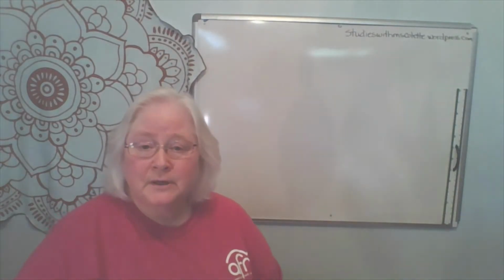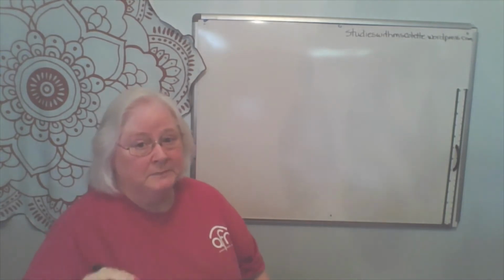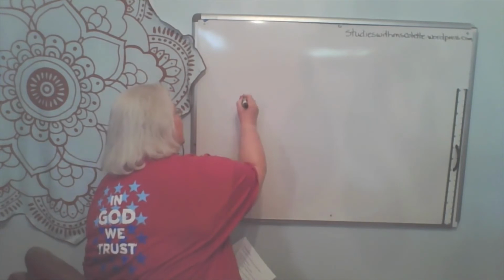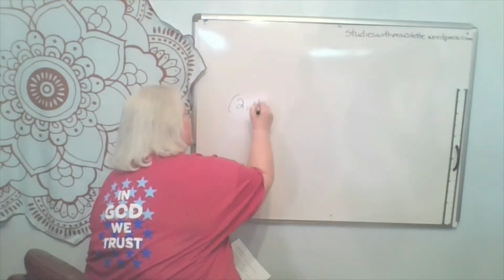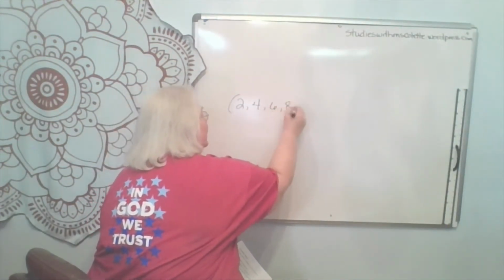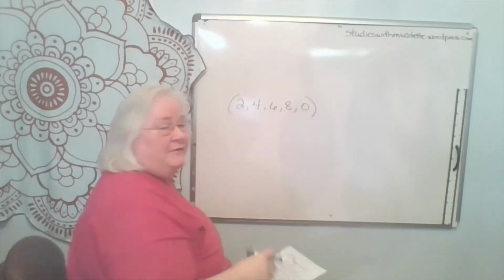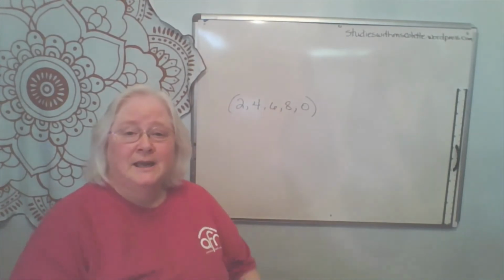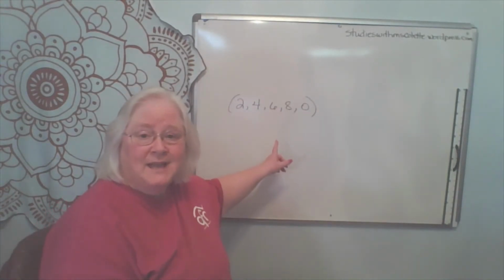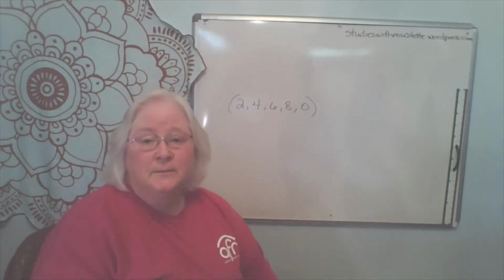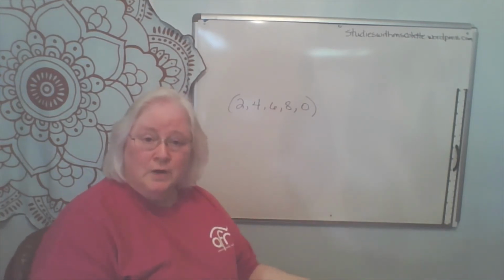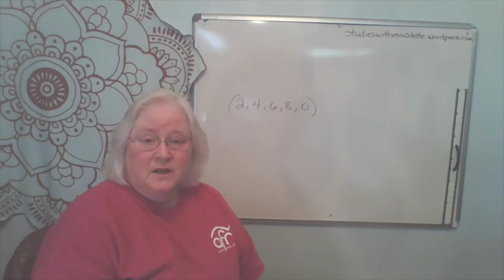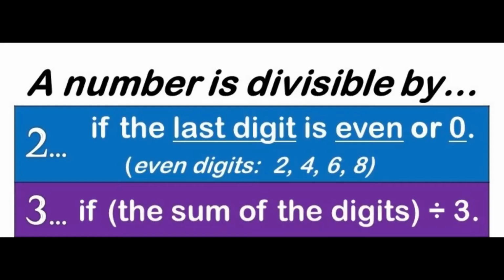Now, if you don't remember, an even number always ends in 2, 4, 6, 8, or 0. So if the larger number ends in either 2, 4, 6, 8, or 0, then it is an even number, and that means 2 will go into it. Okay? Now, pause the video for rule number 3.